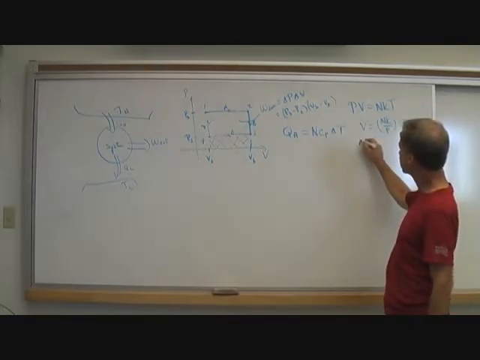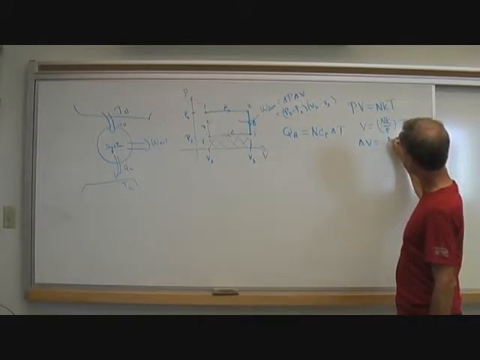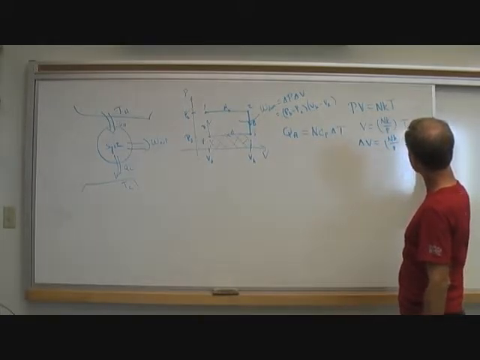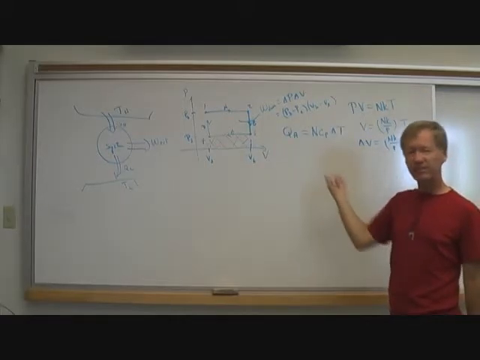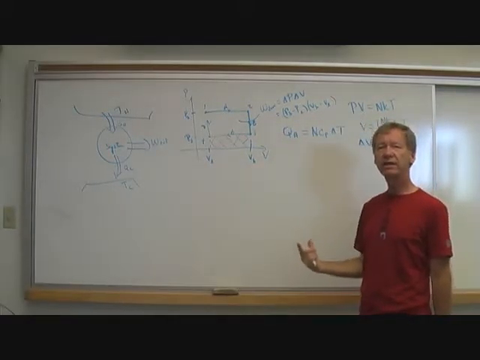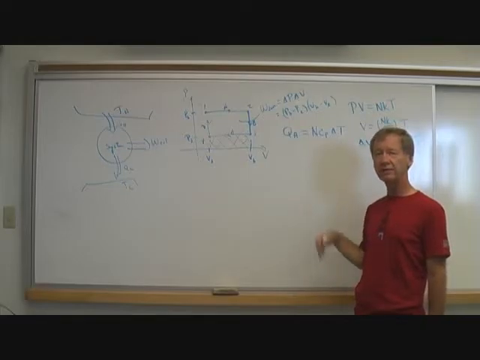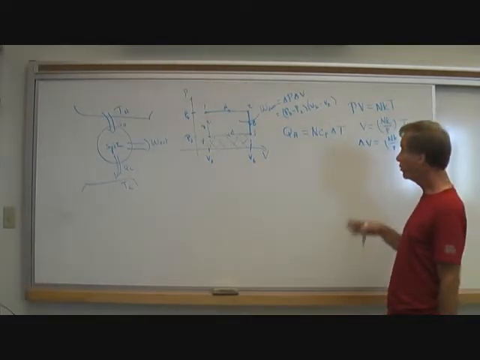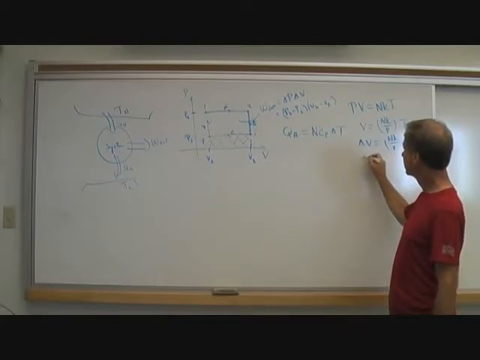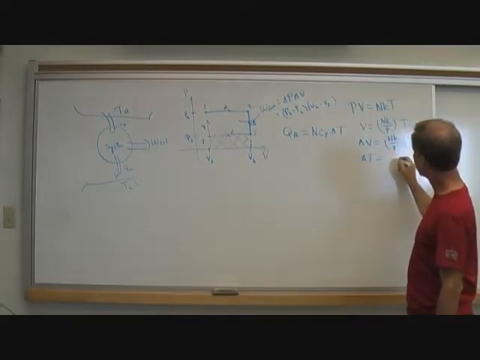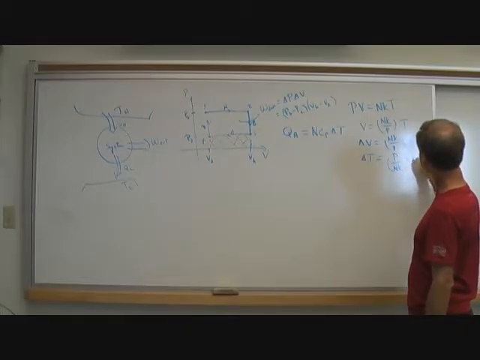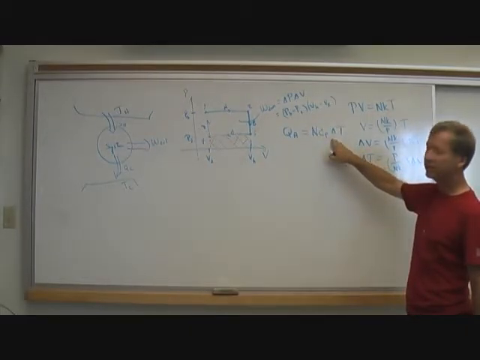This means that delta V is Nk over P delta T. We actually did this before, earlier today, so I'm not going to go through final minus initial. Just write down the deltas. So that means that delta T is going to be P over Nk delta V, and now I can plug that in right there.